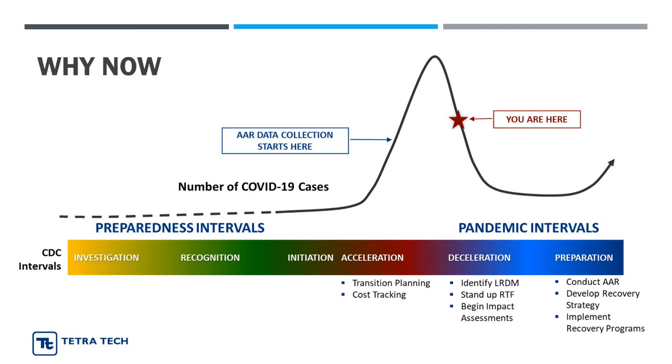I would like to say that you can start your after-action process much earlier. Organizations that have a culture of improvement often start collecting data at the very beginning of an incident or event.